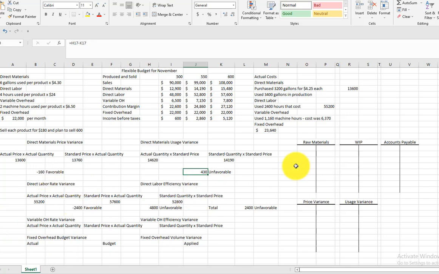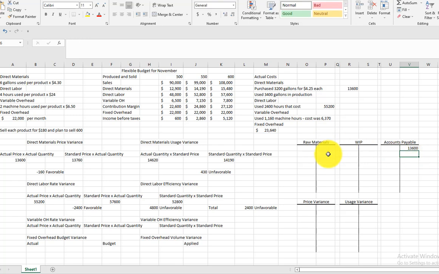Now, what would that look like in our T accounts? Okay, if we use standard costs to actually make journal entries, the actual price and the actual quantity would be a credit to accounts payable. That's what you're going to actually have to pay.